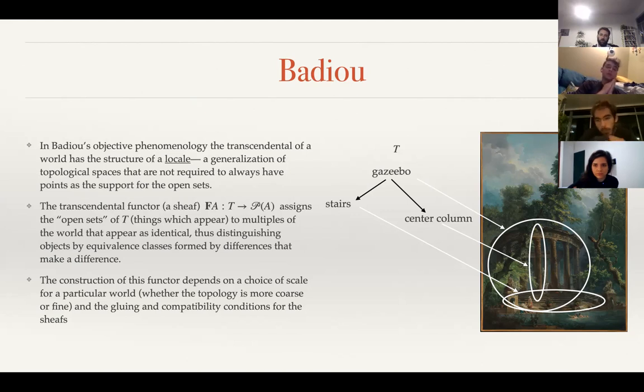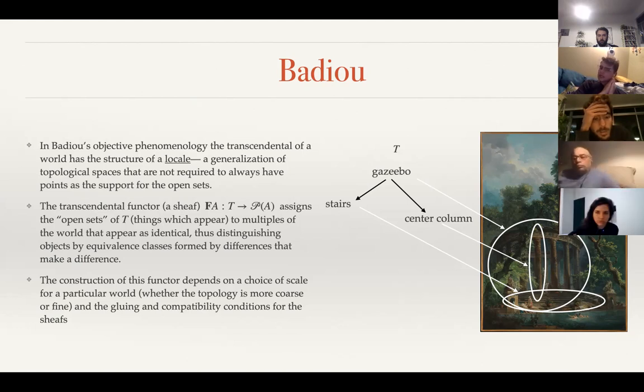So there's this whole thing called point-free topology, where your open sets could literally have no objective support for them. One way I like to think about this, maybe not a good way, is to think of something that in a sense exists, but in an ontological sense does not exist.